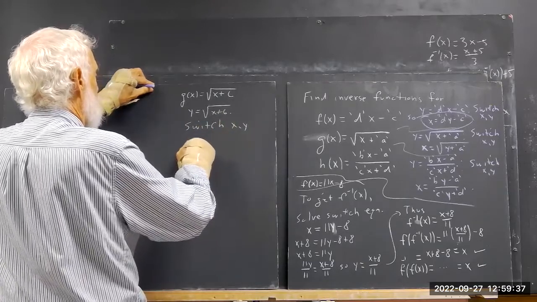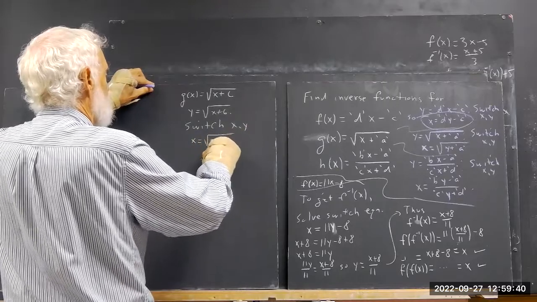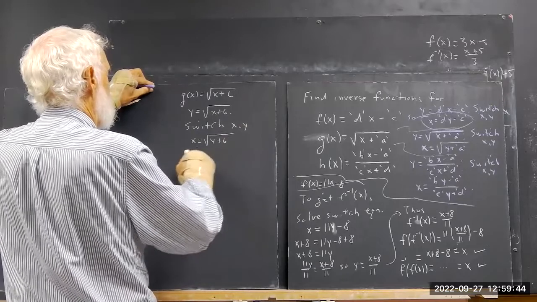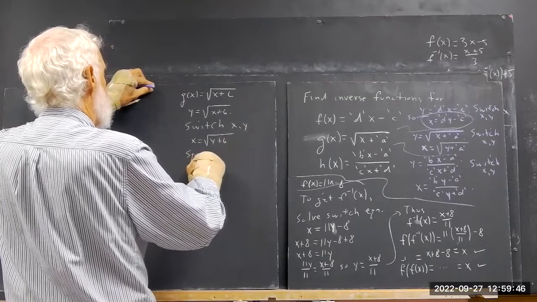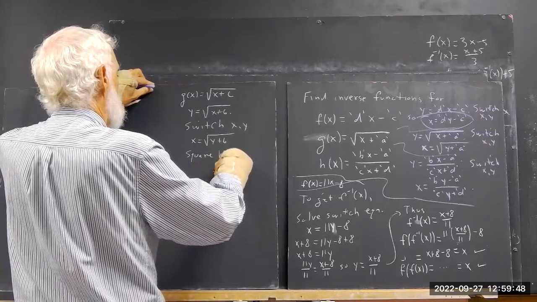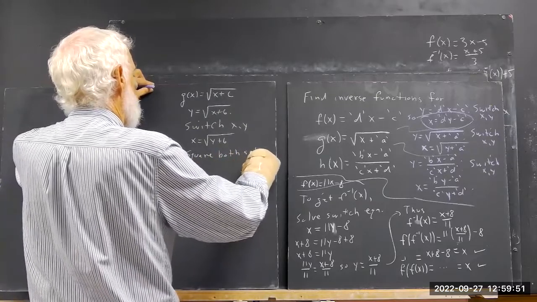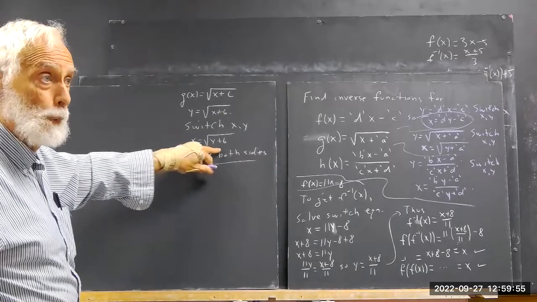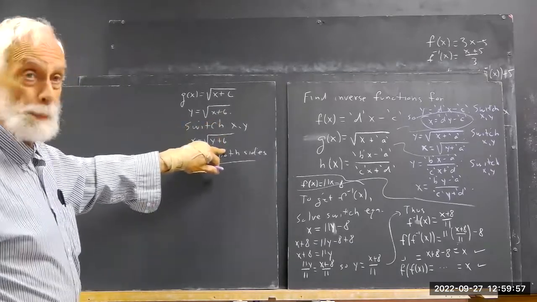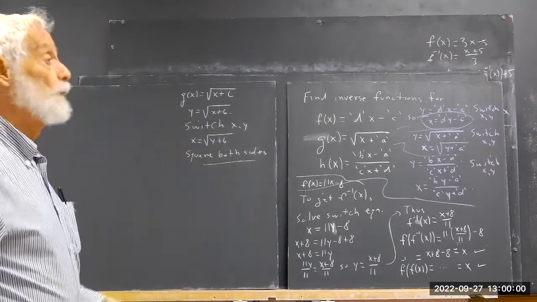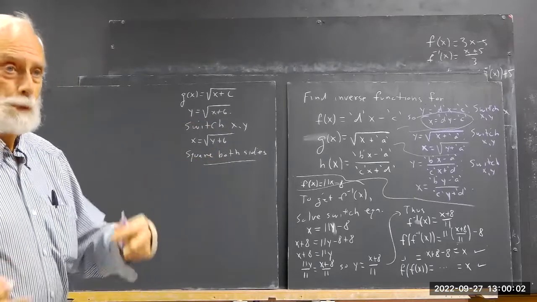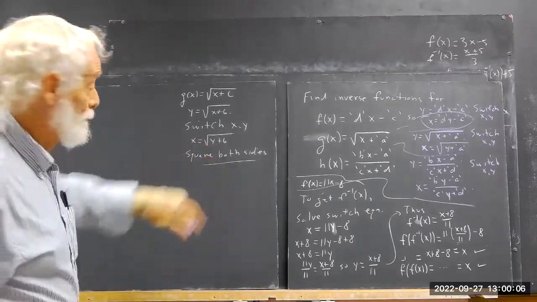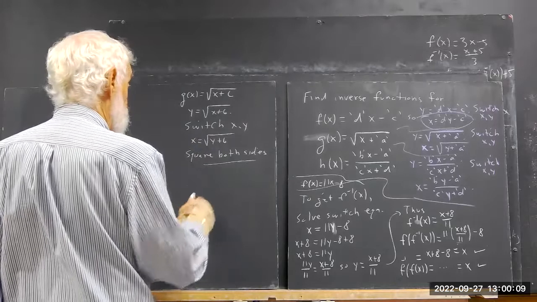Switch x and y, you get x equals the square root of y plus 6. Square both sides. You have the square root over here. If you square the square root, you're just going to get y plus 6. You got to know what a square root is, so you know what's going to happen. But that's something that's not too hard to understand. Make sure you really understand that.